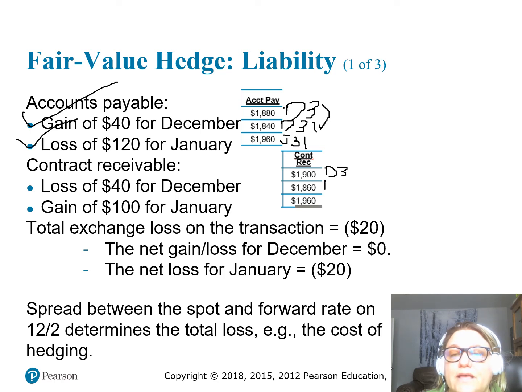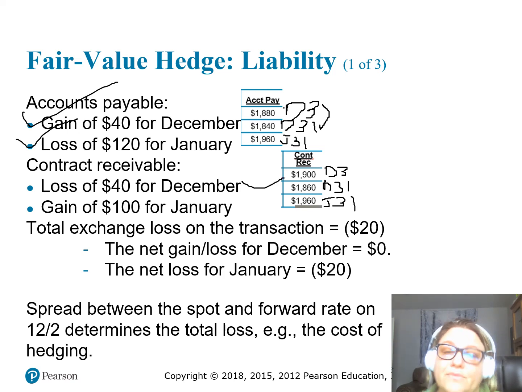Between December 3rd and December 31st, our contract receivable went down by $40. You can see it right there. People don't owe us as much, because it's a receivable, so I have a loss. These are easier to understand than AP, by the way. Then due to currency exchange, it went up by $100, so I have a gain.